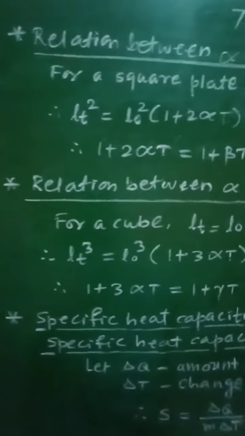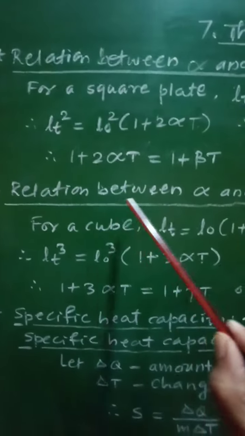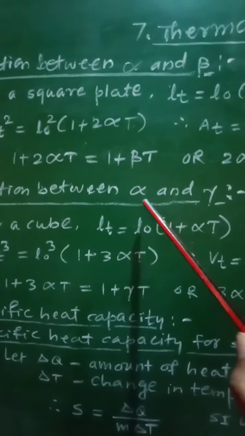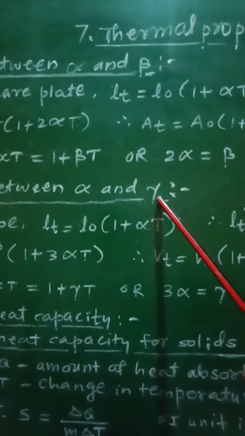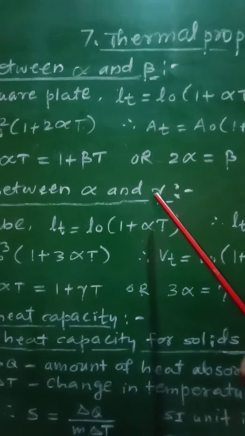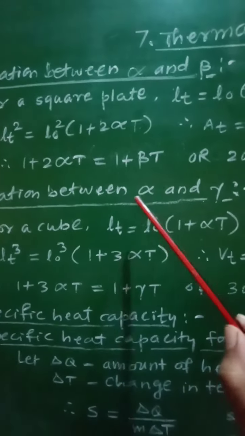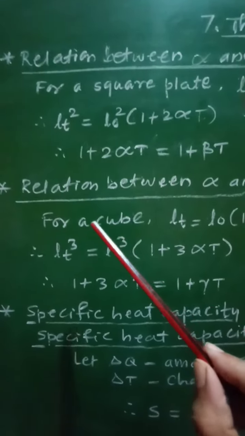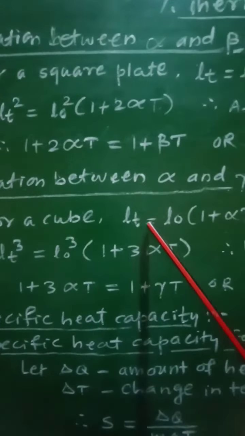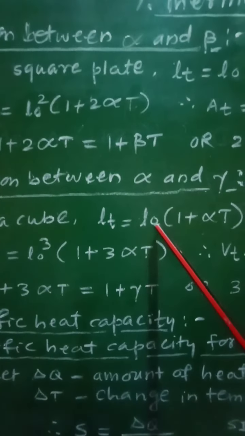Similarly, we can obtain the relation between the coefficient of linear expansion alpha and the coefficient of volume expansion gamma. In order to obtain this relation between alpha and gamma, let us consider a cube having its original length equal to L0.